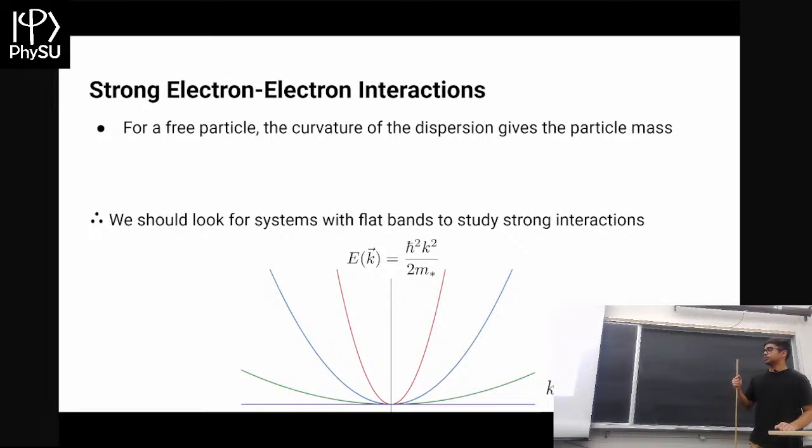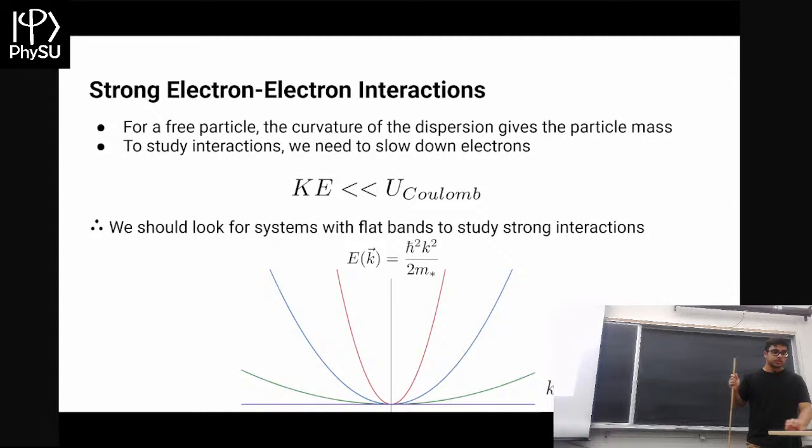And so if we apply this to a crystal, we want our bands to be very flat, right? If we make our bands flat, that'll be basically the same thing as having the mass of the electron be infinite. So it's going to be moving really slowly. And so when it's moving slowly, we can study these interactions, right? It turns out that the Coulomb energy will be much greater than the kinetic energy.